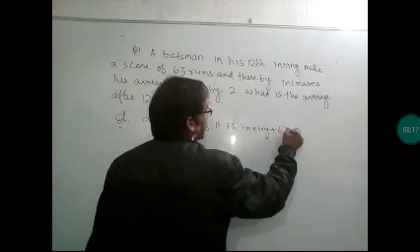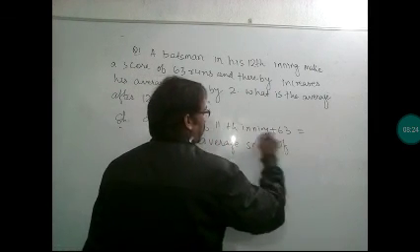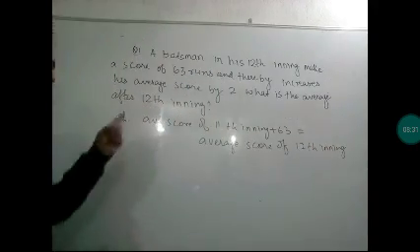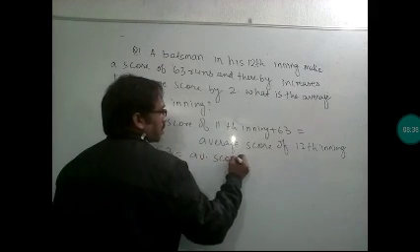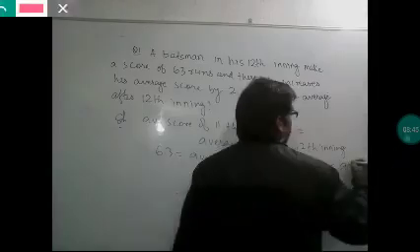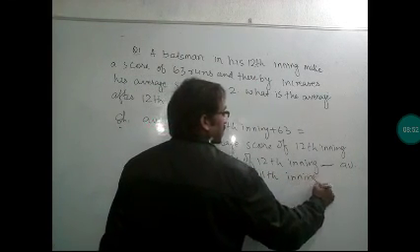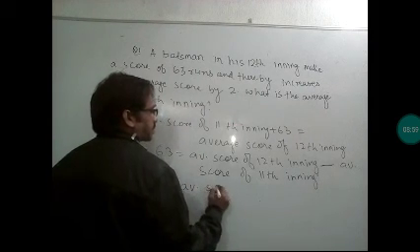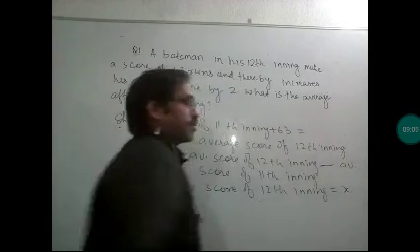The total score up to the 11th inning plus 63 is the total score of the 12th inning, correct? It should be total here, not average. So 63 is the total score of the 12th inning minus the total score of the 11th inning.